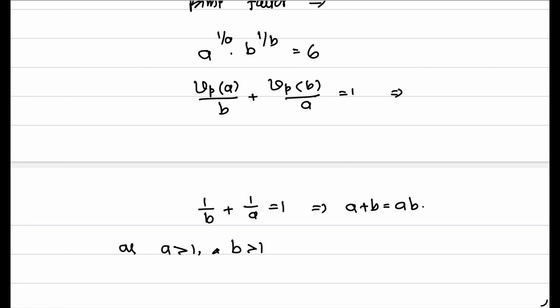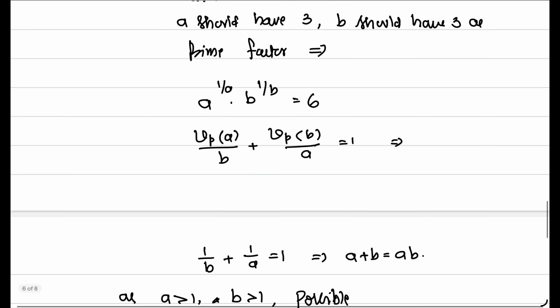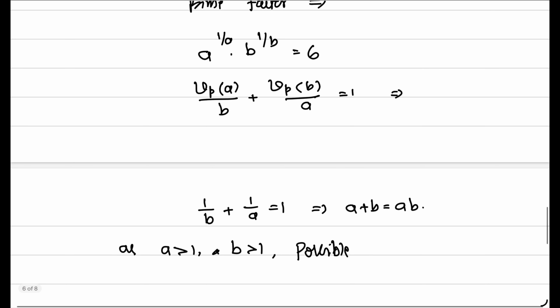This will be possible only when A is equal to B is equal to 2.